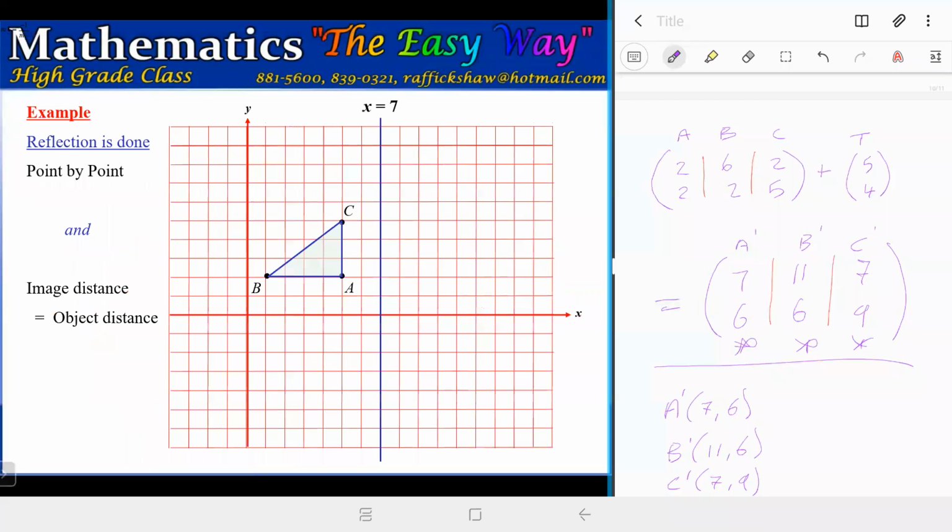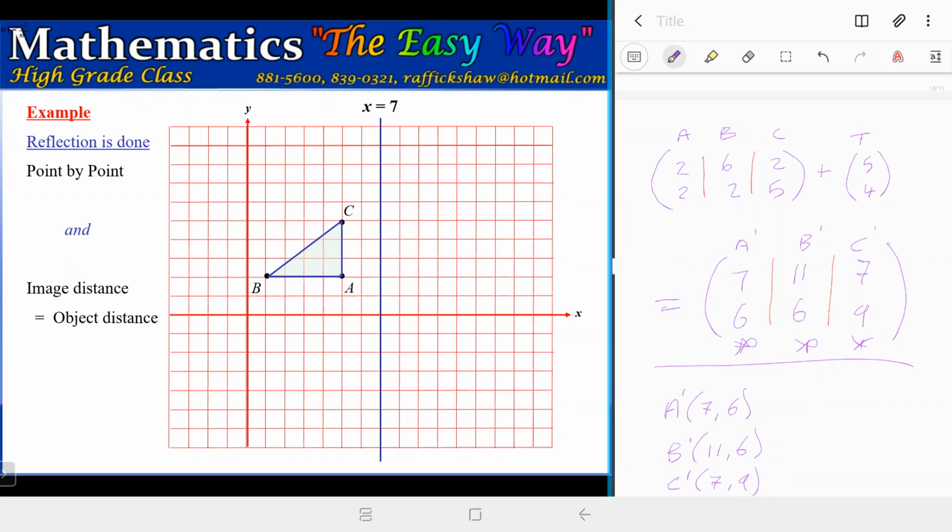All right, so let's perform reflection with this now, and you'll be required to perform reflections on graphs in the exam. Now, the important thing is that when you're going to perform your reflection or any transformation for that matter on a graph, don't try to do the transformation on the entire object all at once. Do it one point at a time. This is very important.